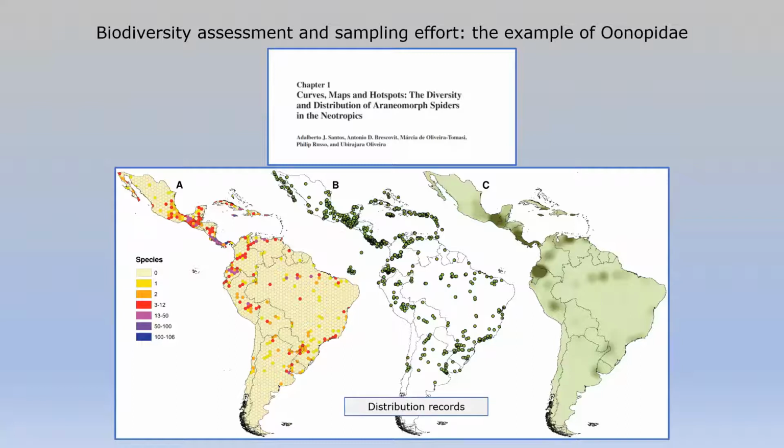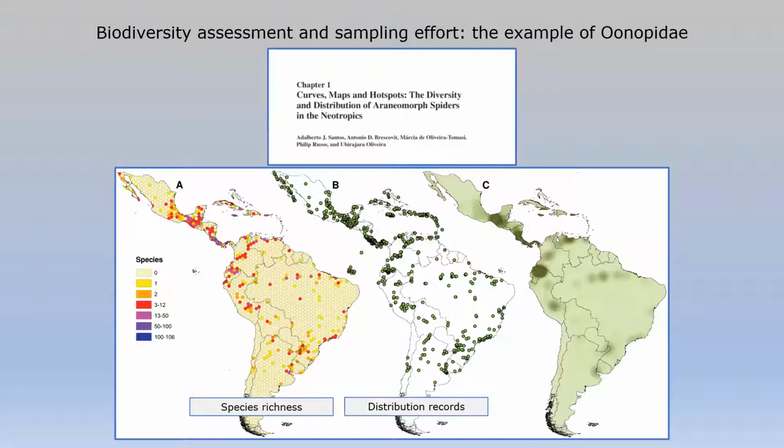Each green dot in the map in the middle shows a published distribution record of at least one Oonopid species. Actually, most dots represent a pile of records of several species in the same place. This is clear in the map at the left, in which we superimposed a grid of hexagonal cells over the map and counted the number of species recorded inside each cell.